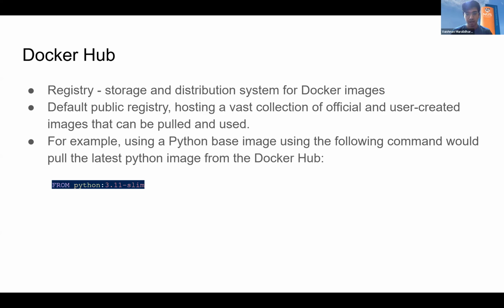For example, you'll usually see a line in your Docker file like FROM python:3.11-slim. This is an example of the base image that you're using. Once you put something like this, Docker knows that it has to pull from the default public registry. If you want, you can pull from other registries as well.